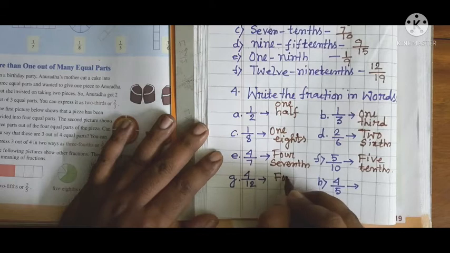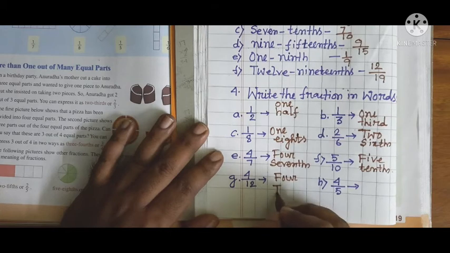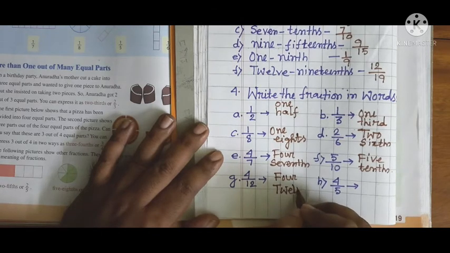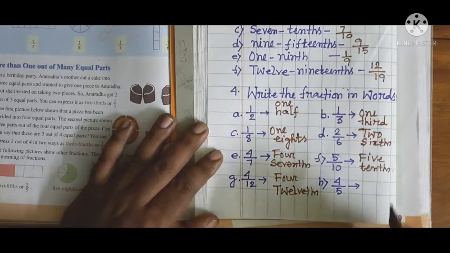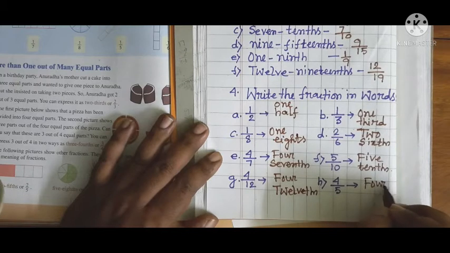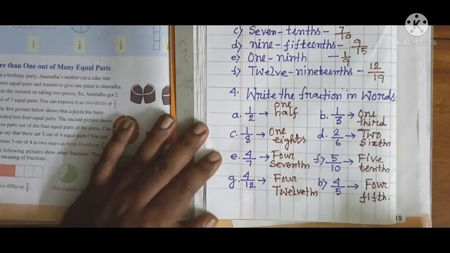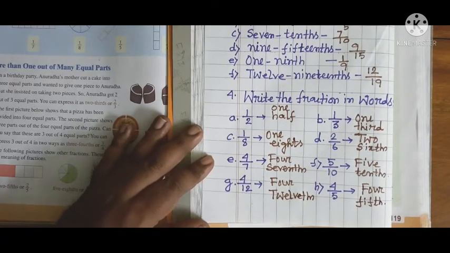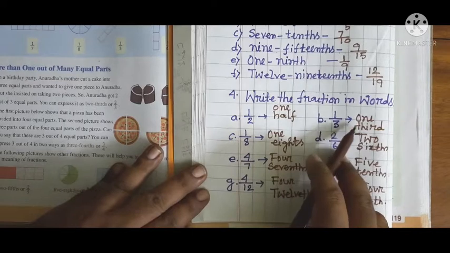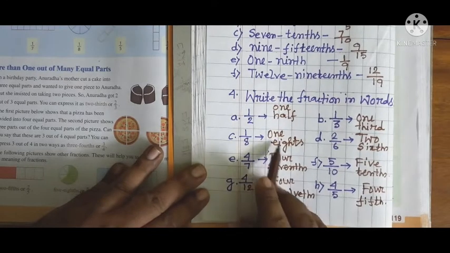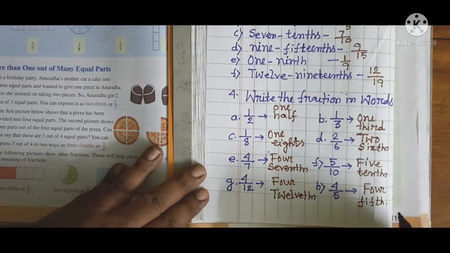Next it will be 4/12. Next it will be 4/5. Okay, then the answers are: half, 1/3, 1/8, 2/6, 4/7, 5/10, 4/12, 4/5.